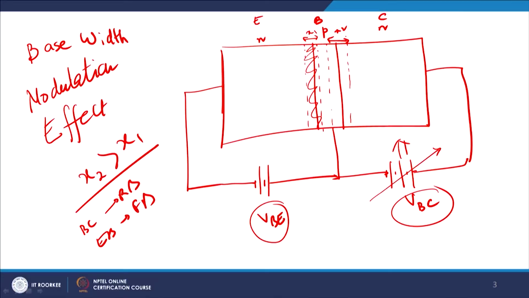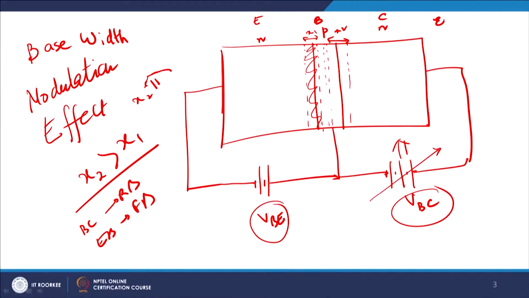So x2 will become more and more, and when x2 becomes more and more, you could easily appreciate that the effective base width reduces.